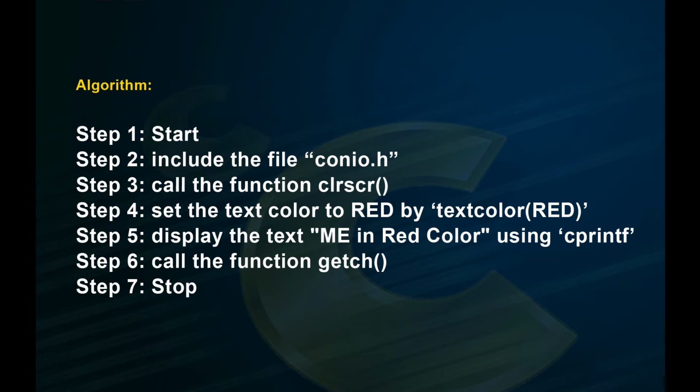Step 4, set the text color to red by the textcolor function, and step 5, display the text "me in red color" using cprintf, and step 6, call the function getch, and step 7, stop.